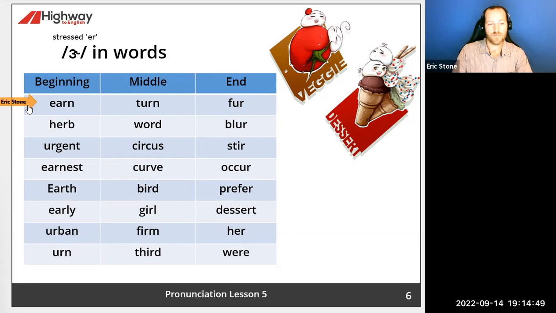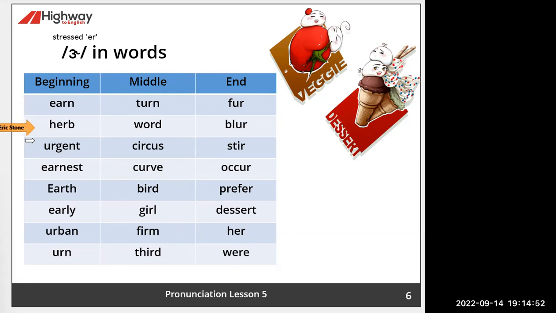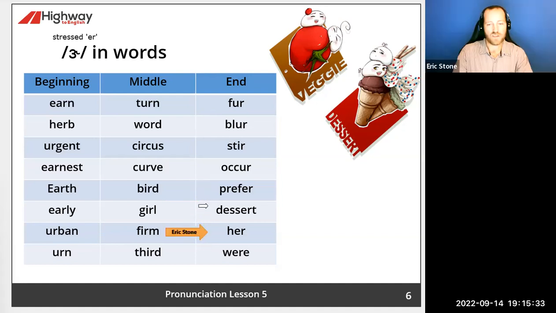Earn, herb, urgent, earnest, earth, early, urban, earn, turn, word, circus, curve, bird, girl, firm, third, fur, blur, stir, occur, prefer, dessert, her, were. Good. Try this word again.